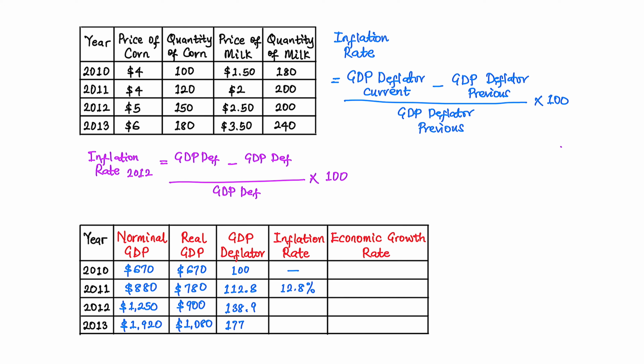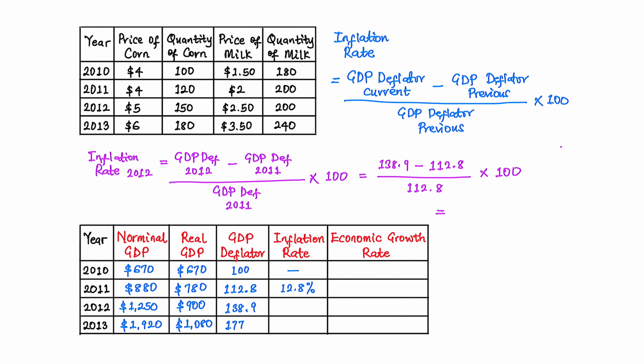Next, we are calculating the inflation rate in 2012. So that means we say GDP deflator in 2012 minus GDP deflator in 2011 divided by GDP deflator in 2011 multiplied by 100. So we have equals GDP deflator in 2012 is 138.9 minus GDP deflator in 2011 is 112.8 divided by 112.8 and everything times 100.